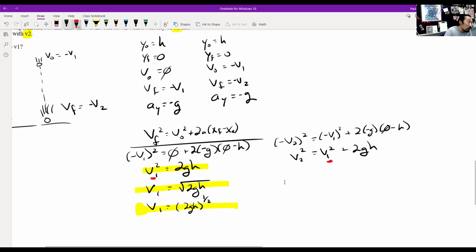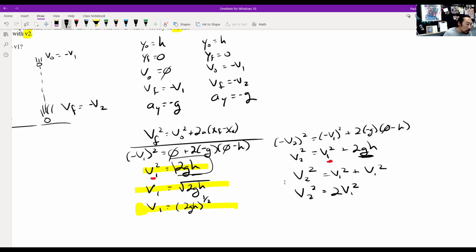So if I perform that substitution, what I mean by that is 2gh, because we want our answers in terms of v2 and v1. If I substitute in 2gh over here, we get v2 squared is equal to v1 squared, and now the substitution for 2gh, which is v1 squared. So that tells us v2 squared is in fact 2 times v1 squared.